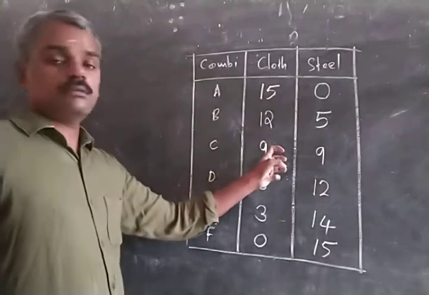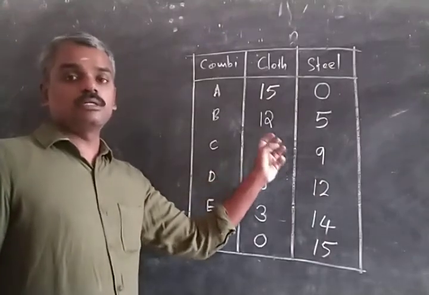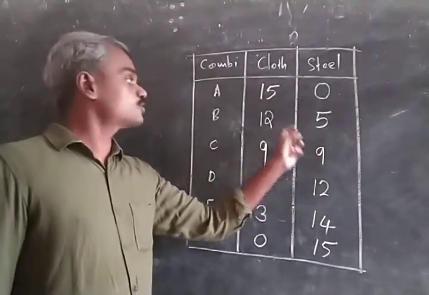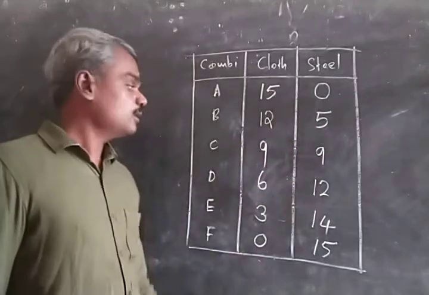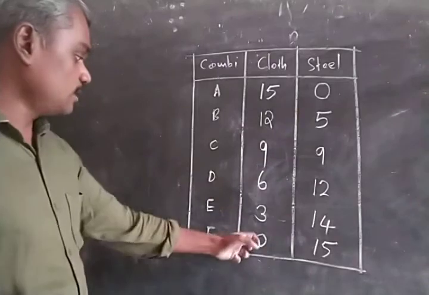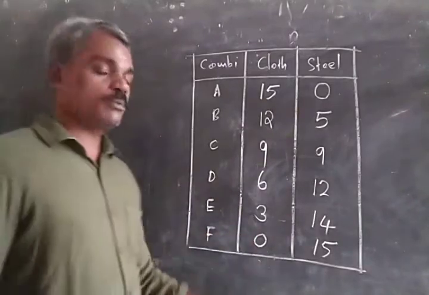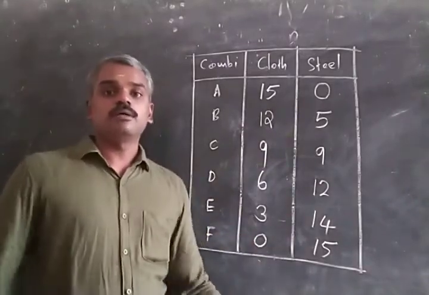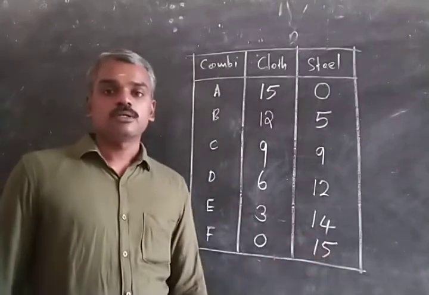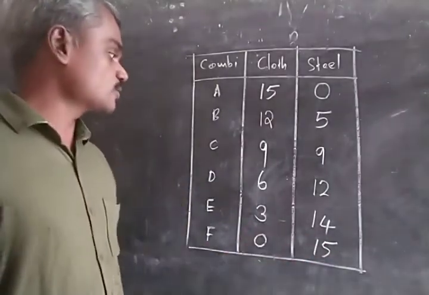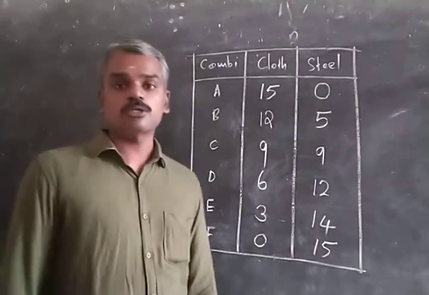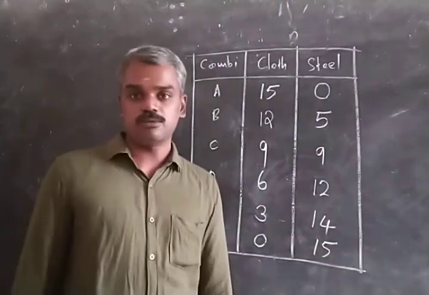In combination C, it has once again diverted some resources to steel, so cloth falls from 12 to 9 and steel increases from 5 to 9. It goes on until combination F, at which point it has fully diverted the resources to steel: 0 units of cloth, and 15 units of steel.